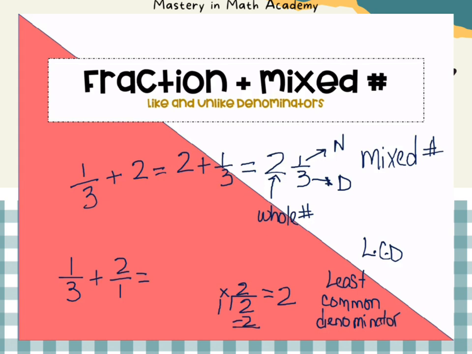You find the LCD by taking your denominators, in this case 3 and 1, and finding multiples of them.